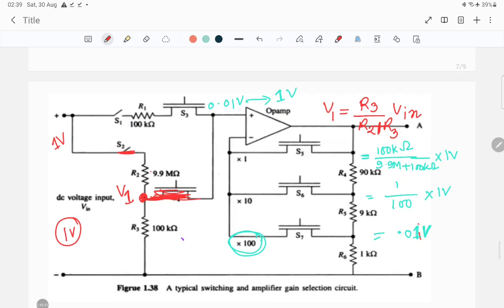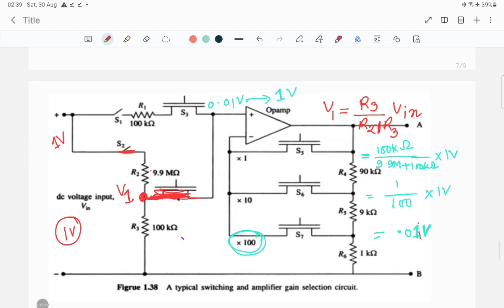Because in this case you are selecting 100 volt and getting 1 volt here. So you just need to use the buffer circuit arrangement.